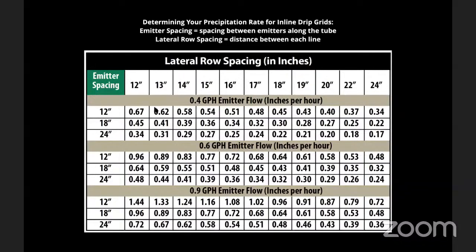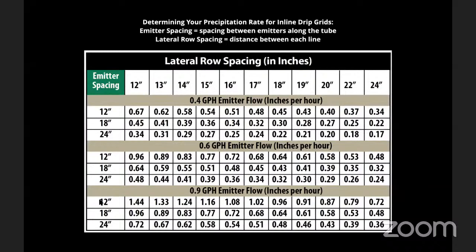So for example, if we use this chart for our standard, what we use in our loamy or sandy soils, if we're using our 0.9 gallons per hour emitters and our emitter spacing is 12 inches, that gets us here.